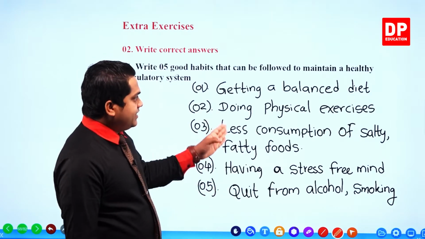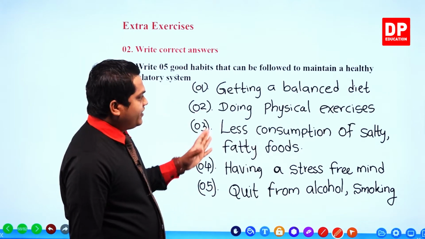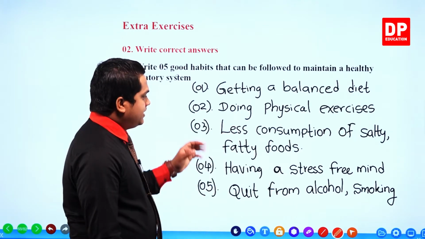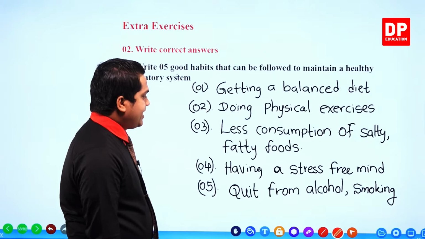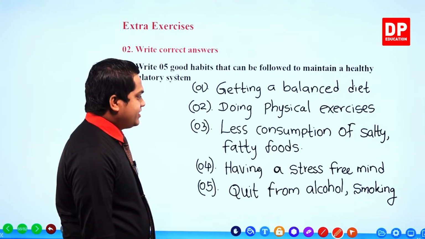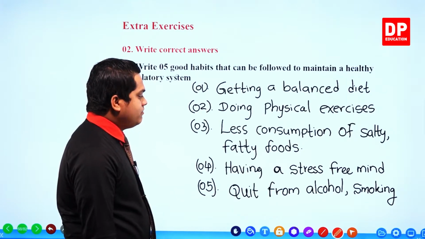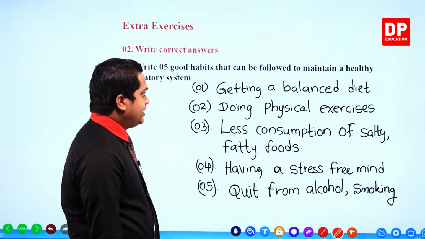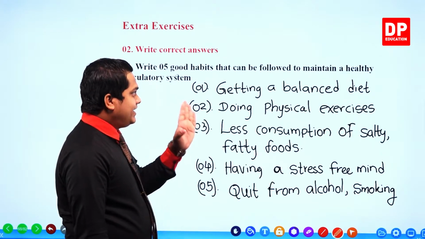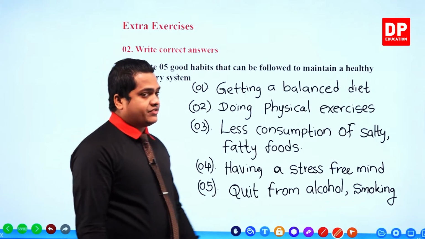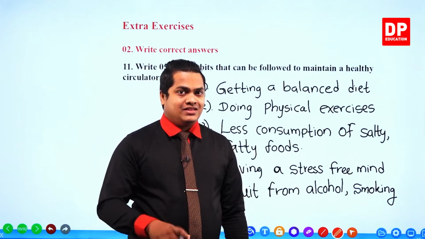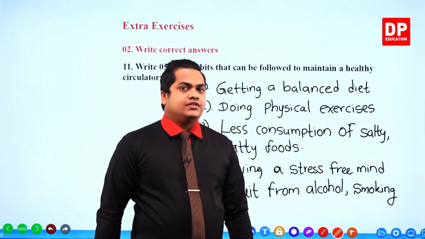So, getting a balanced diet, doing physical exercises, less consumption of salty and fatty foods, having a stress-free mind, and quitting alcohol and smoking is going to maintain a very healthy circulatory system with a good and healthy heart, my dear children. Right then.